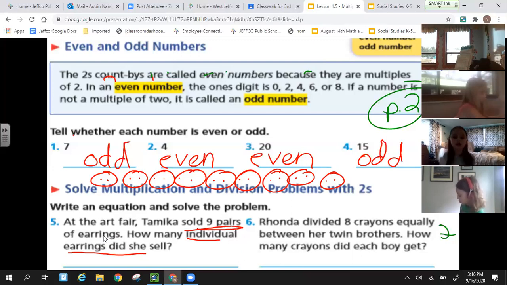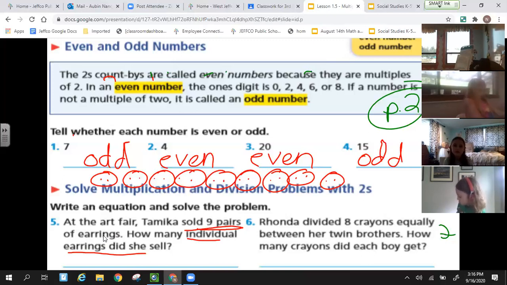Looking good. You count your dots too. Oh, so you could draw the dots, or you can just count them. So your challenge is to write the multiplication equation to go with that picture.